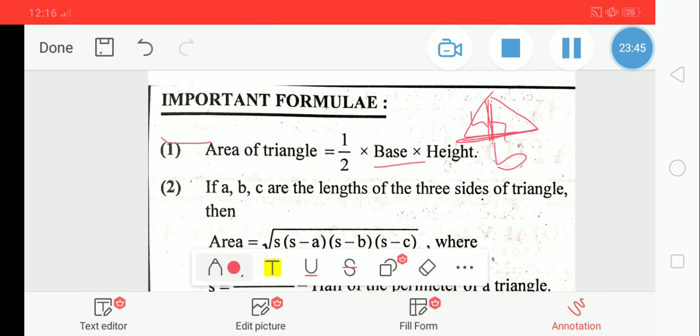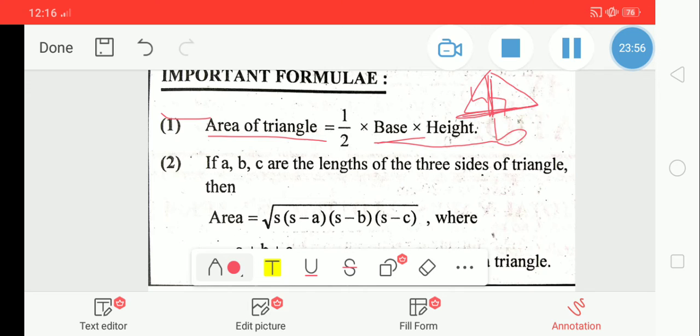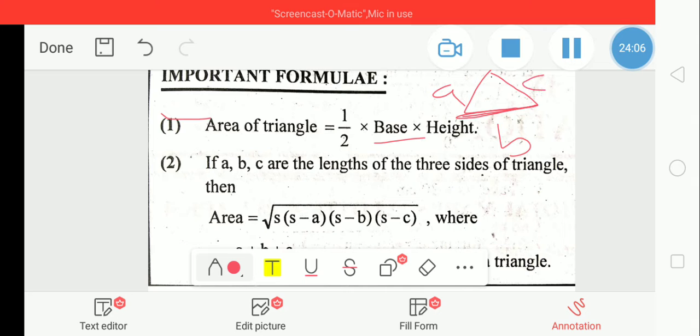So half of base into height gives the area of the triangle. And also, finding the area of a triangle, here a, b and c are the lengths of the three sides of a triangle.